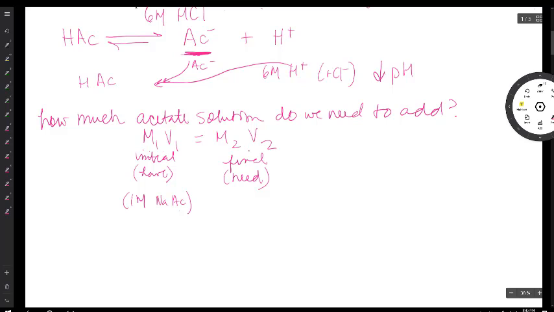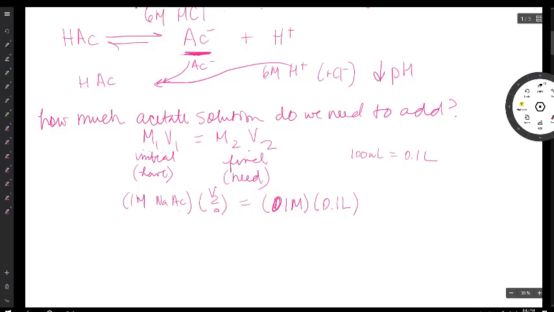We don't know how much volume we need, but we know in the end we want 0.1 molar, sorry guys, and we want 0.1 liters of it because 100 mils equals 0.1 liters.